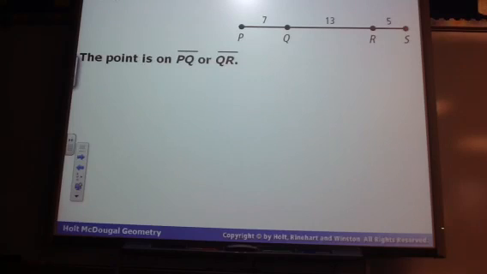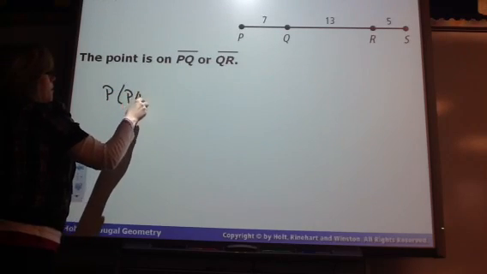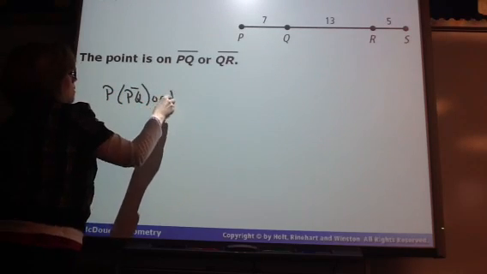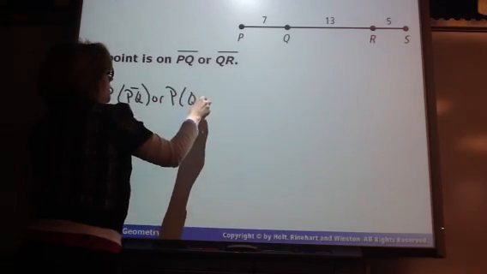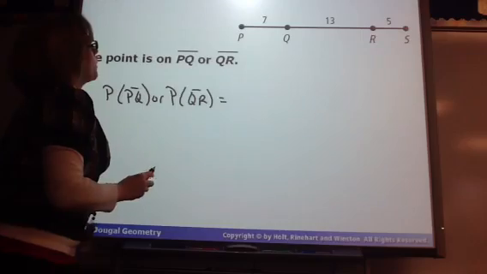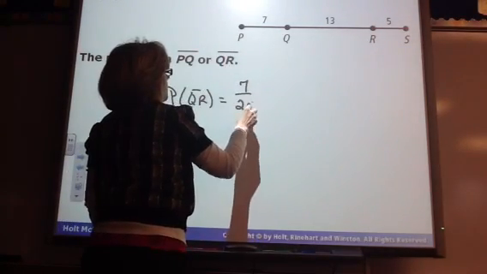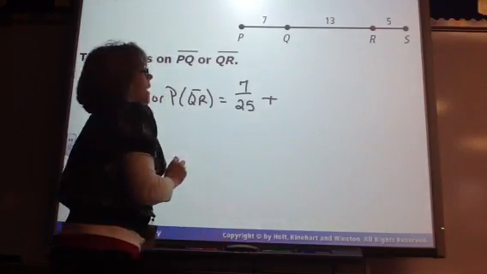Okay, the point is on PQ or QR. So it would be the probability of PQ or the probability of QR. Okay, so probability of PQ would be 7 over 25, or means you add.